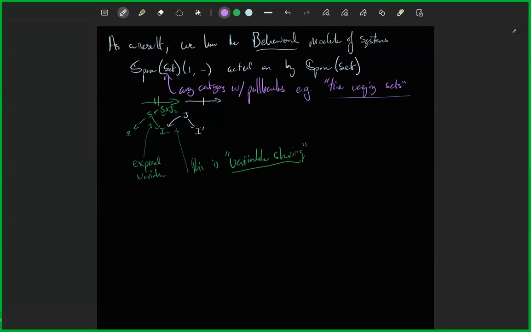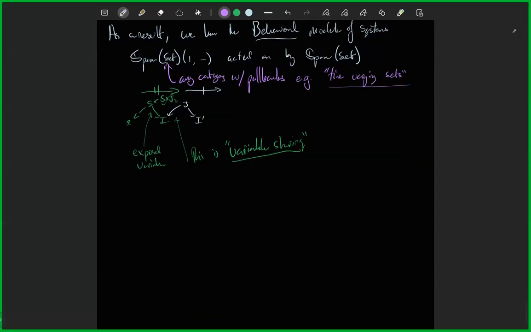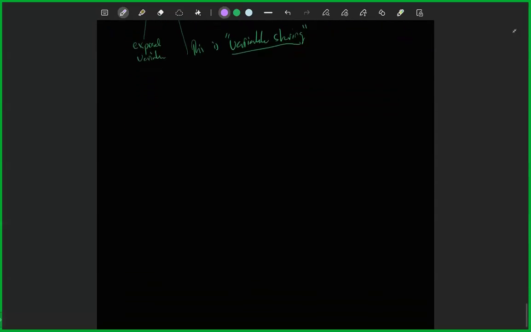But there's a bit of a road to get there. So I'm just going to give you an example of what time varying sets could be. The above was continuous, but it's going to be easier if we do discrete time. So let me give an example.